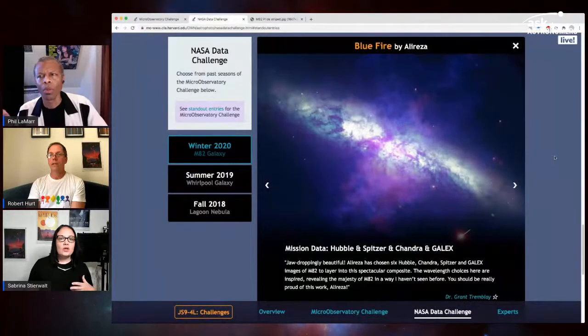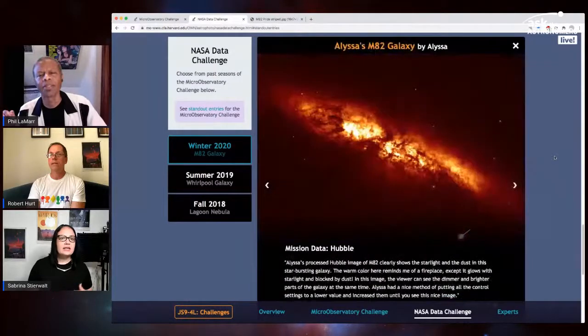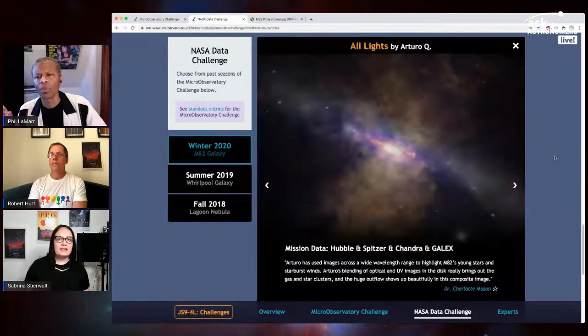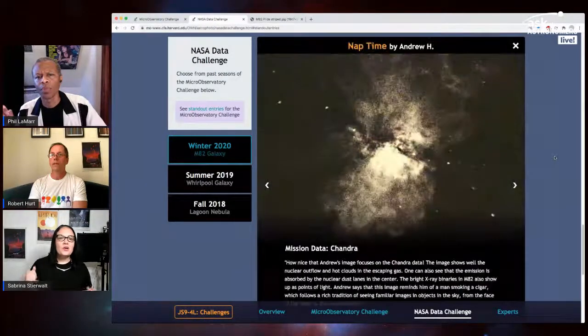These are all showing different things in the galaxy shining at different wavelengths. We're looking at old stars in some cases, new stars in some cases, dust that's being heated up by the stars. And this is an X-ray, like that picture we just saw, so you're seeing really hot gas in the X-ray. You get the same galaxy, but very different perspectives.